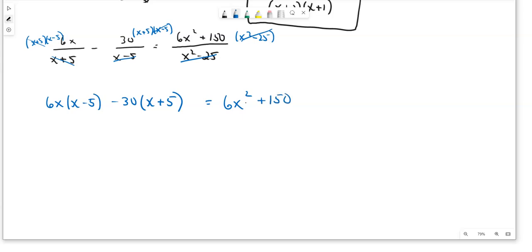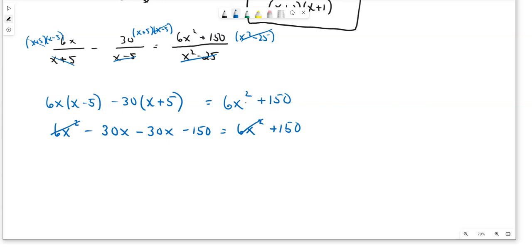All right, let's distribute. 6x times x is 6x squared, minus 30 times x, minus 30 times x, minus 150. On the other side, 6x squared plus 150. Now you notice 6x squared is on both sides, so if I subtract 6x squared from both sides, they'll go away.